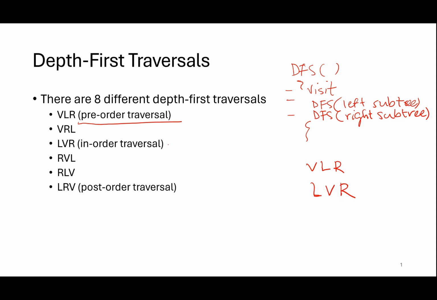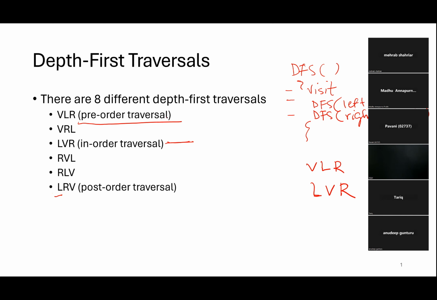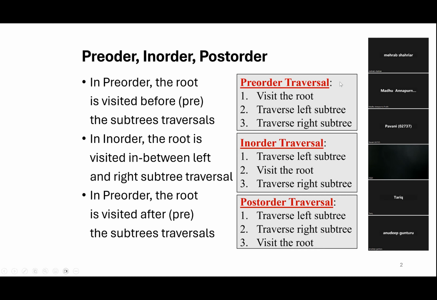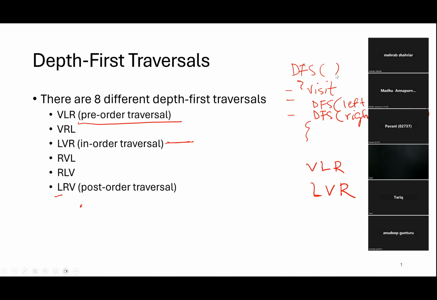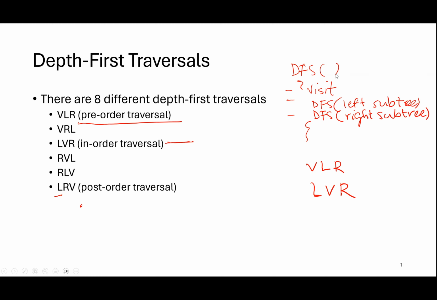Or we can visit the left subtree first, and then visit the right subtree, and then visit the node. That is the post-order traversal.